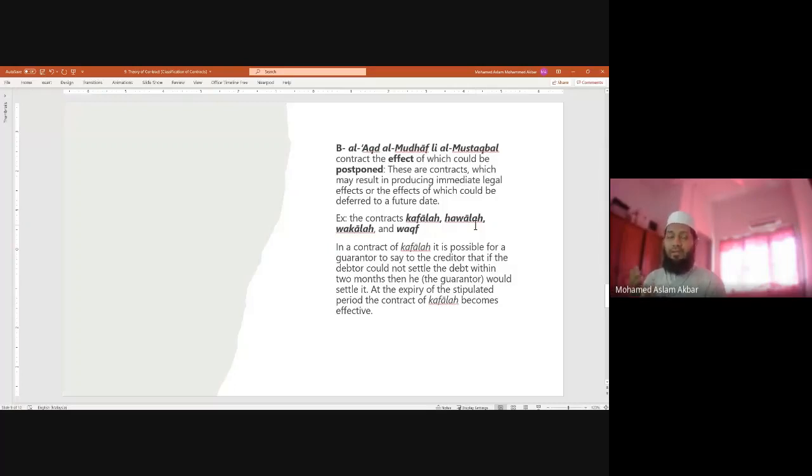So the nature of that contract is something that will produce immediate legal effect, or the effect can be deferred to a future date.